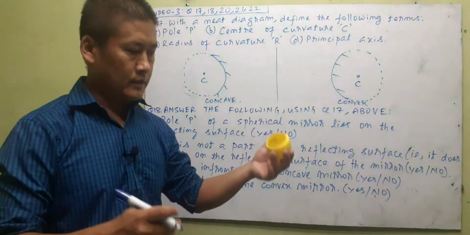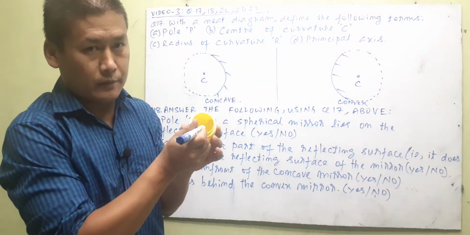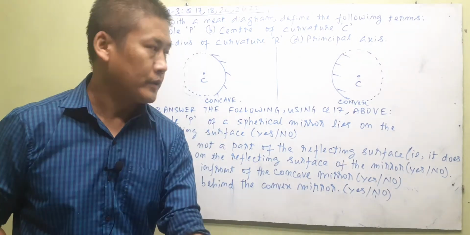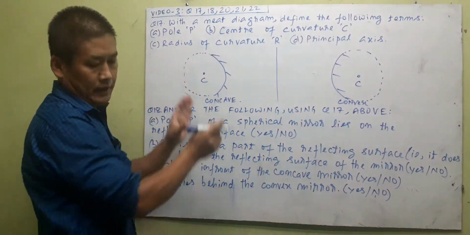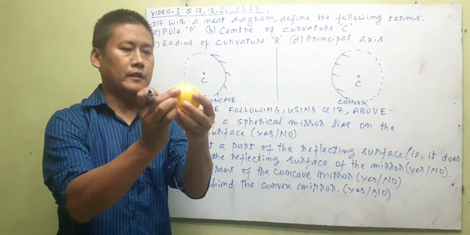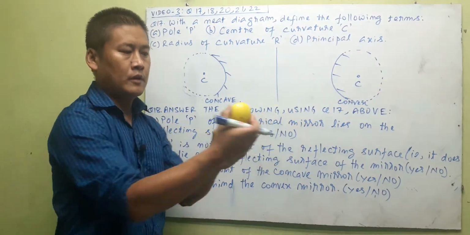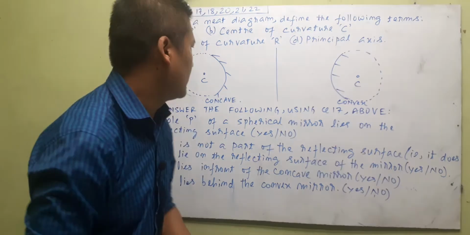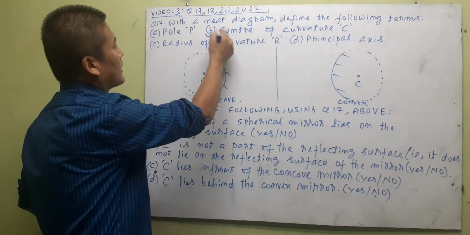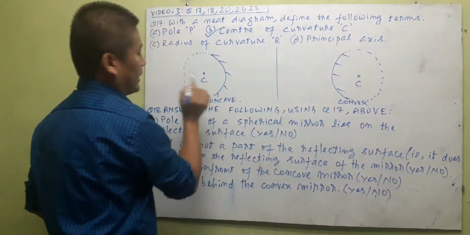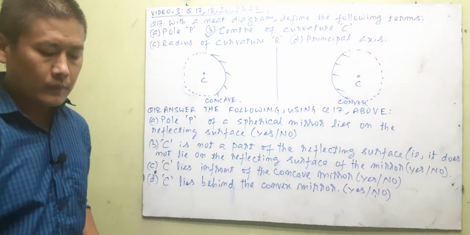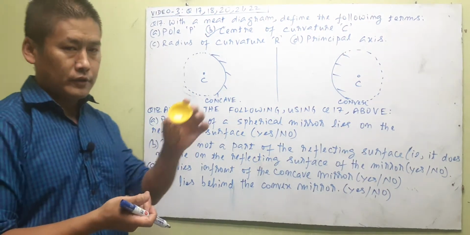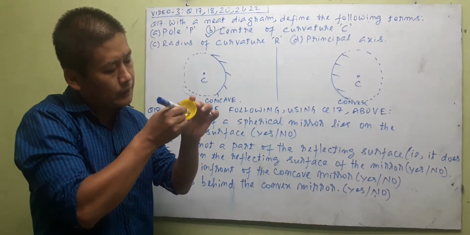That we cannot see because there is an imaginary centermost point inside the sphere. So that point, the center of the sphere from where you cut out a concave, or the center of the sphere from where you cut out a convex, that center point is called the center of curvature, denoted by capital C.